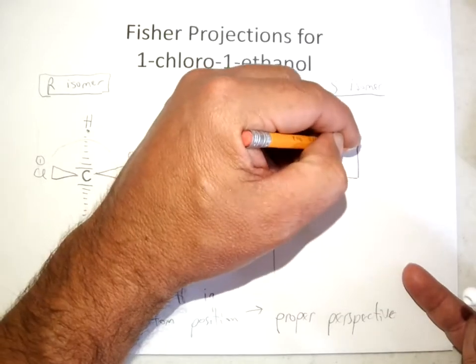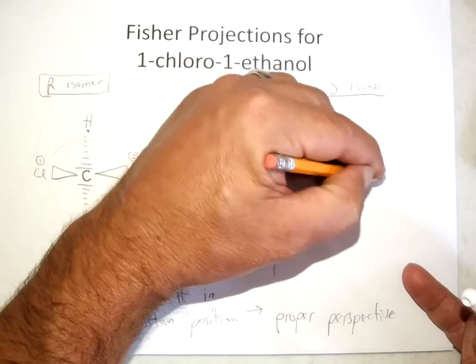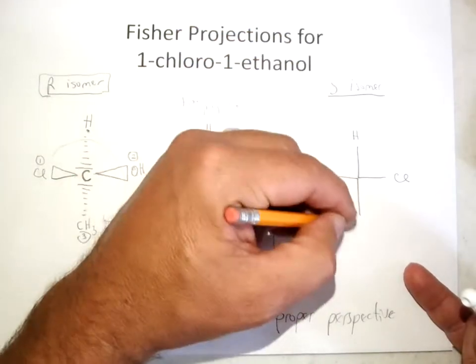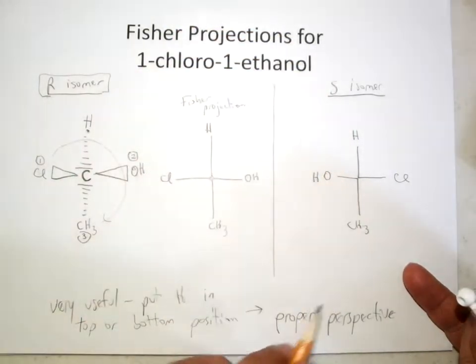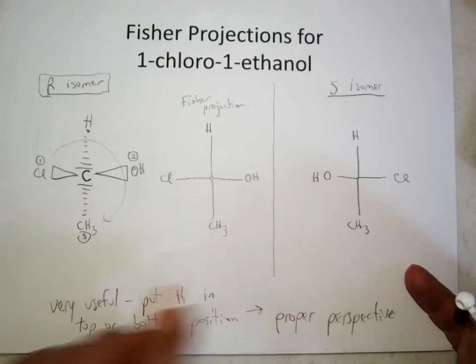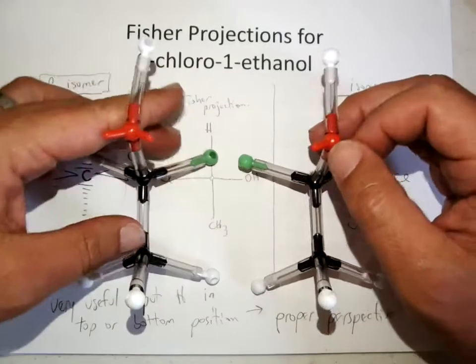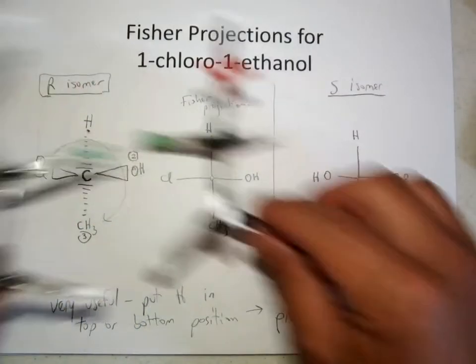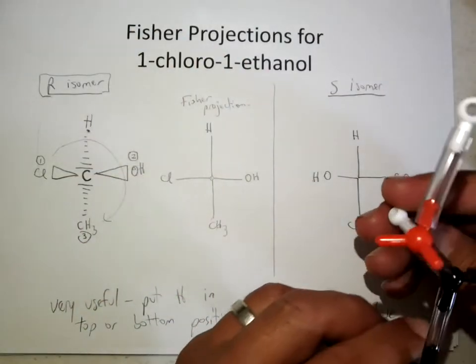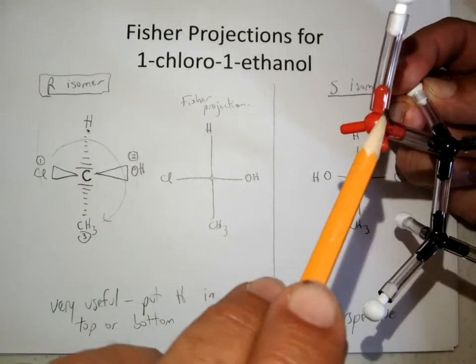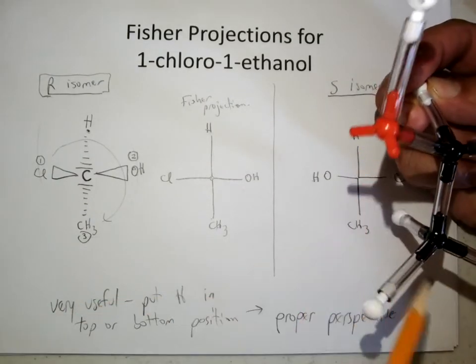put the chiral carbon in the center, put the chlorine away from the mirror, put the hydrogen in the top, methyl in the bottom. This is the mirror image. So if I grab the mirror image mascot, you can hopefully see that with the hydrogen in back, chlorine, oxygen, carbon, counterclockwise.